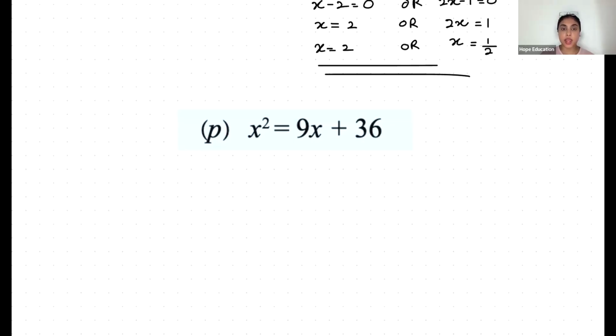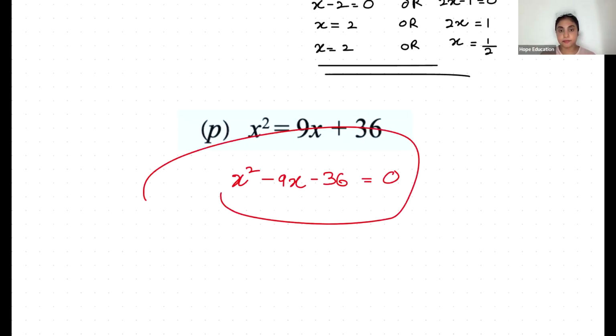Now here there is x squared. This 9x, when I bring it to the other side, becomes minus 9x. Plus 36, I bring it to the other side, it becomes minus 36. Now there is nothing on the right side. Now it's 0. Once you arrange it this way first, you do the rest of the simplification.